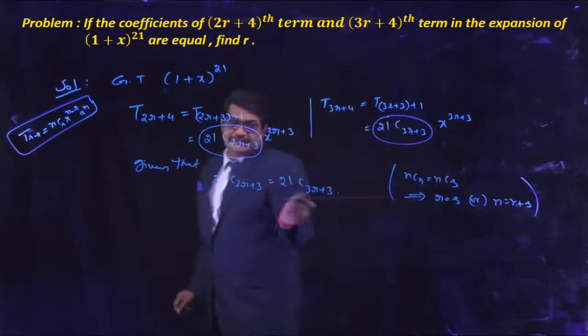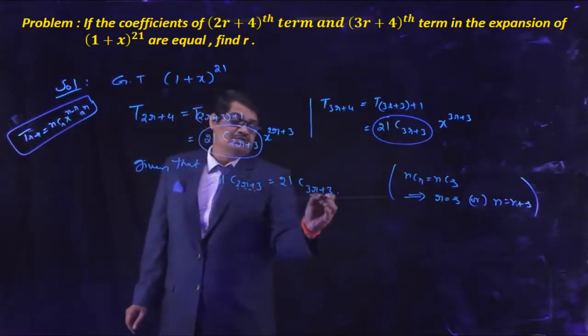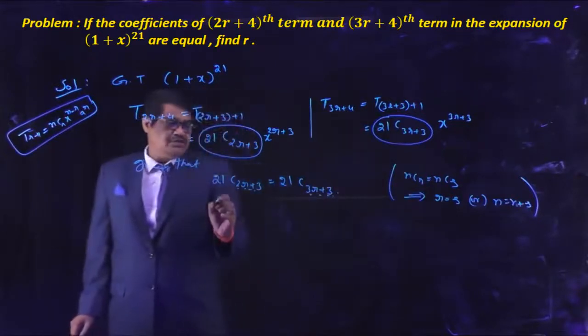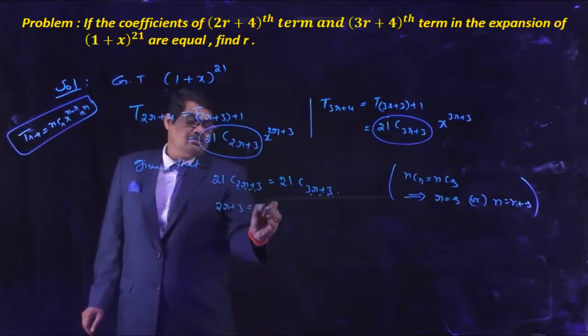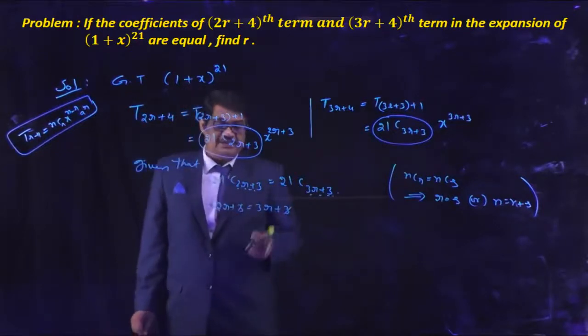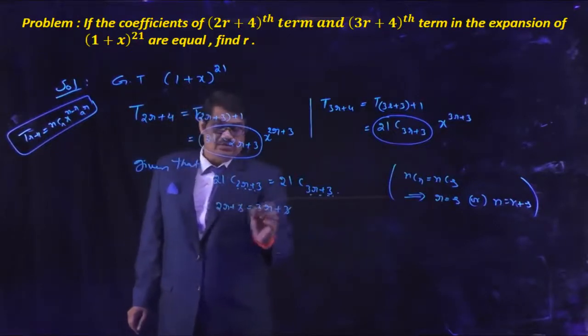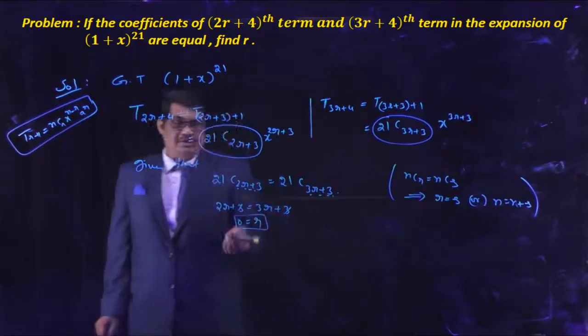Now we take r equal to s. Equating, 2r plus 3 is equal to 3r plus 3. The 3 will be cancelled. Here 3r is equal to 2r. Moving to this side, 3r minus 2r is r. Therefore r is equal to 0. So one of the r values is 0.